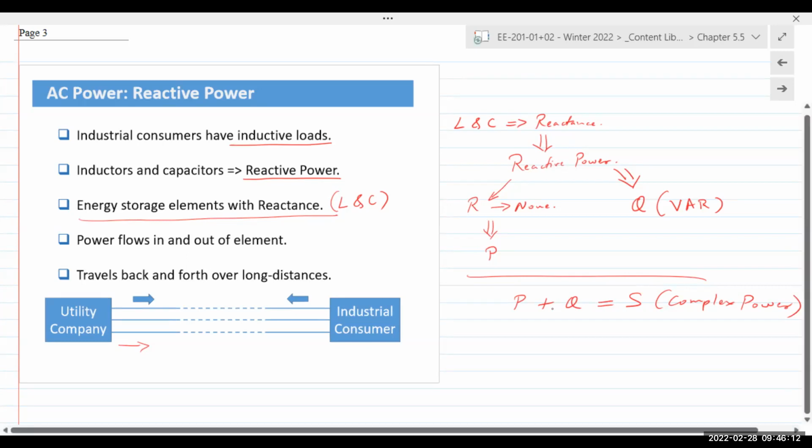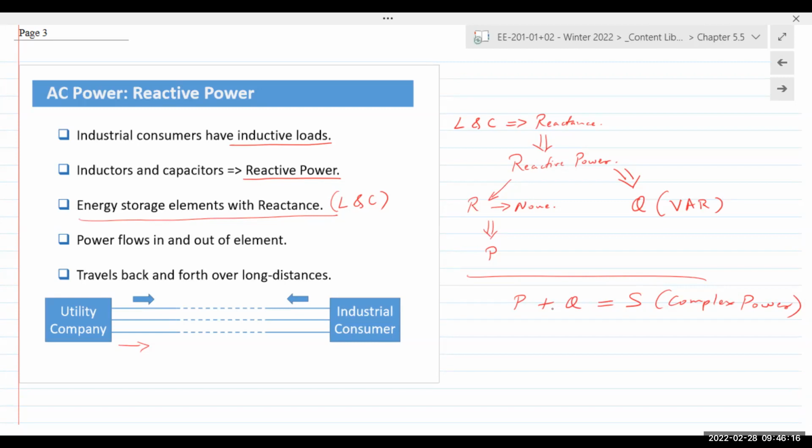The reactive power Q is associated with the reactance. It is used only to set up the magnetic fields. So in a half cycle, the electric machines receive the Q, and in the other half cycle, they send it back.